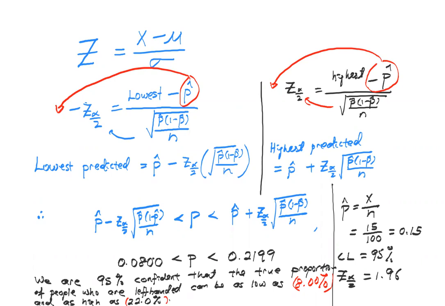So this evidence supports the claim because 12% is less than 22%, but greater than 8%. So we have insufficient evidence to reject the claim. Are you okay? So that is using formula.